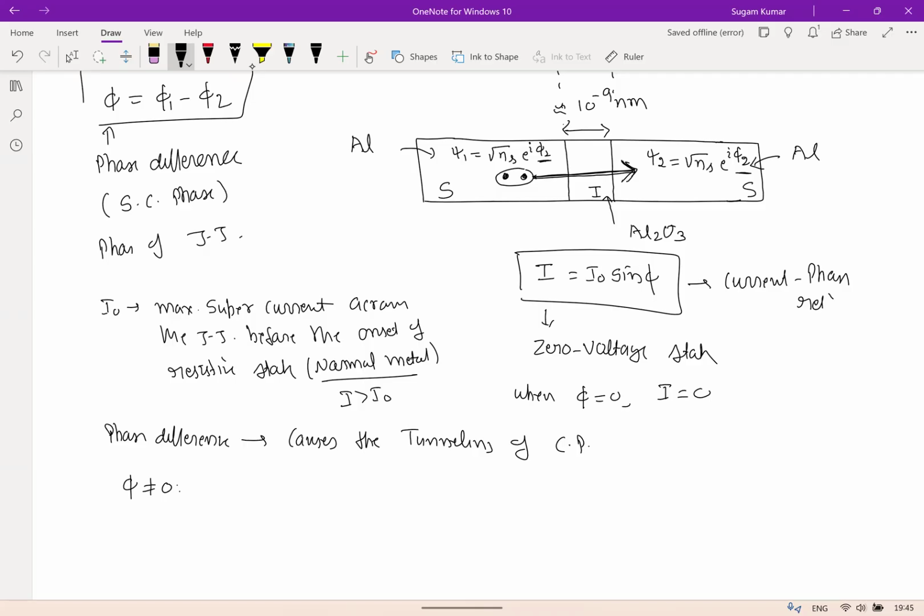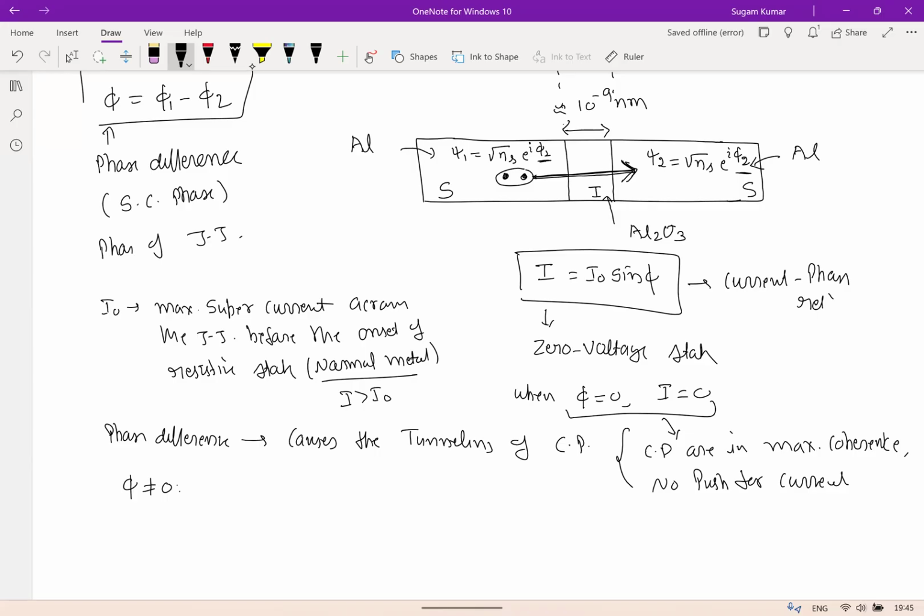And when phi is 0, I can say the Cooper pairs, or the wave functions, are in maximum coherence. So there is no push for current or for tunneling.